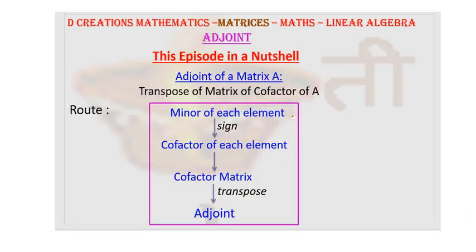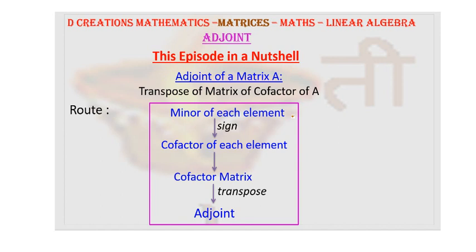Let us revise what we have done in this episode. In a nutshell, we were looking at the adjoint of a matrix, which is basically the transpose of the matrix of cofactors. And what is the route? Find out the minor: for element Aij, ignore row i, ignore column j, and take the determinant of the rest of the elements, which gives you the minor. Then assign a sign by minus 1 raised to i plus j.